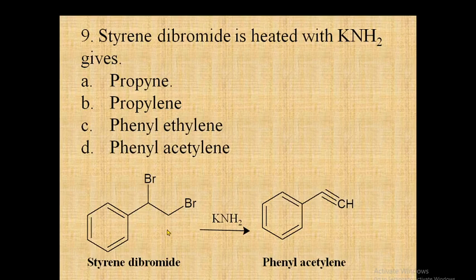Hydrogen from this one and two positions, this is the first position, this is the second position. From both positions, hydrogens are eliminated as HBr, HBr, and therefore, due to the two successive eliminations, there will be the formation of a triple bond. So an alkyne will form. What's the name of the alkyne? It's phenylacetylene, and therefore option D will be correct.